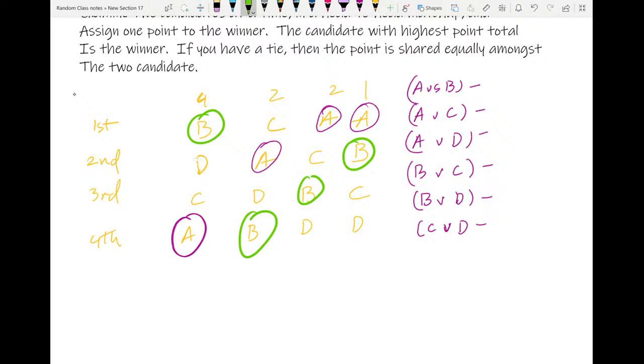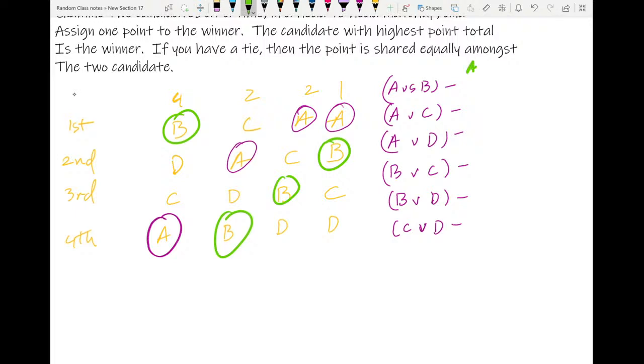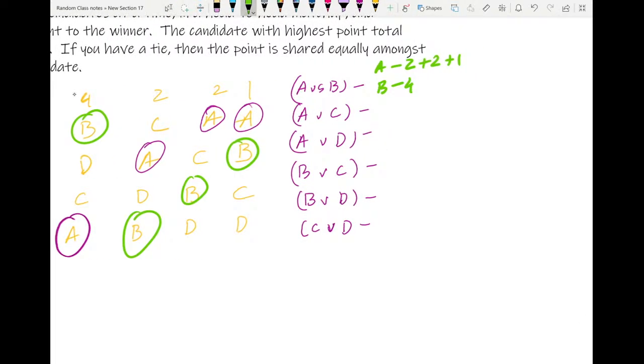We're going to look at this column. 4 people picked B over A. In this column, we got 2 people picked B over A. In this column, 2 people picked B over A. And in this column, we also got 1 person picked B over A. So in this case, A gets 5 and B gets 4.